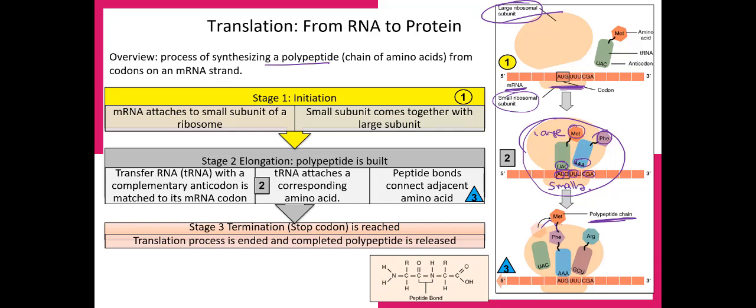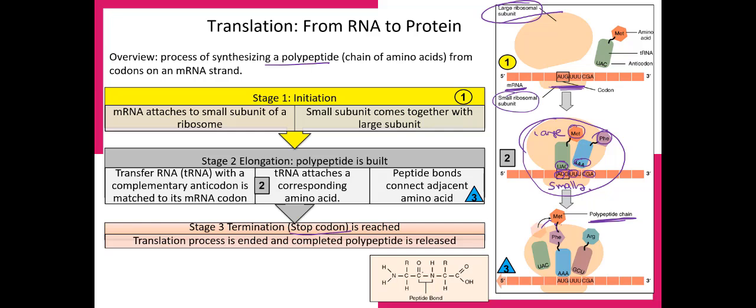At the end of the messenger RNA, a termination or stop codon is reached, and that tells the translation process that it's done. The polypeptide is completed, and then it's released from the ribosomal subunit.